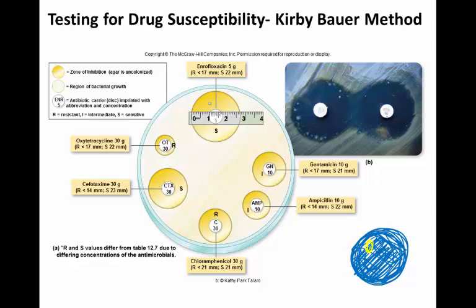Little filter paper discs are actually laid down on top of the bacteria. These are going to be about the size of a pencil eraser. Okay? And all the filter paper discs are actually labeled with what type of antibiotic they have in them and how much antibiotic is there.